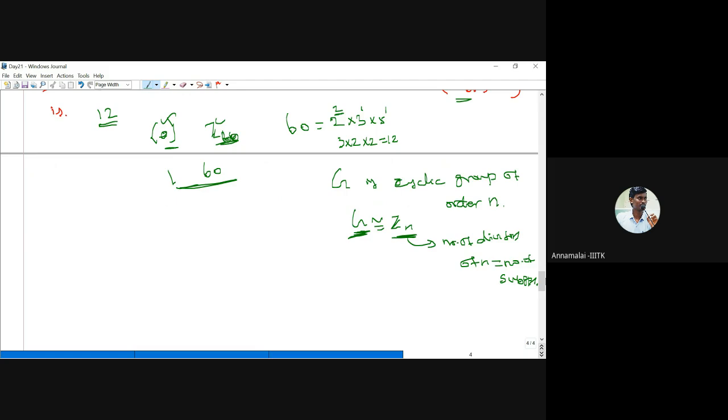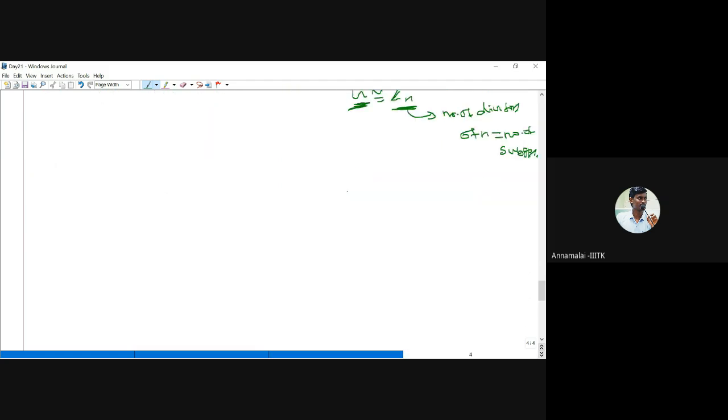Now, the next problem. Suppose G is a finite group and H is a normal subgroup of order 2, then find the order of the center. That is a very important result. If you know the result, you know the answer. So what is the result? Maybe I write the result here.